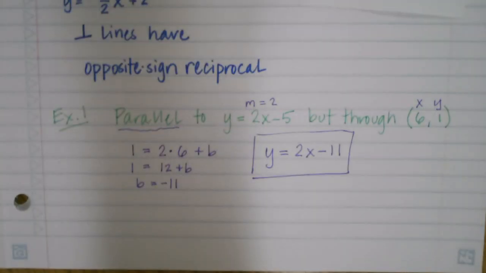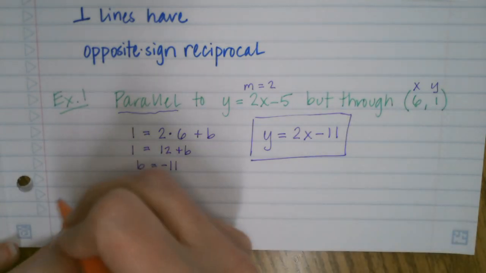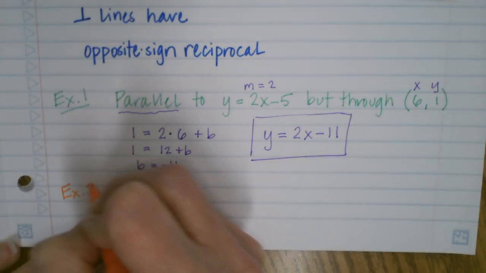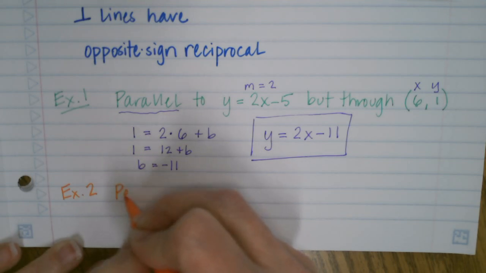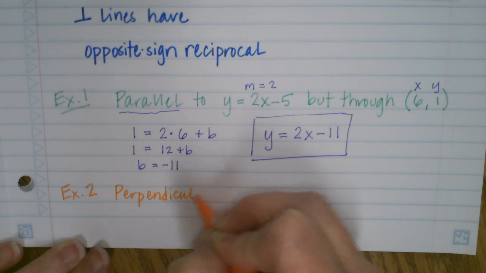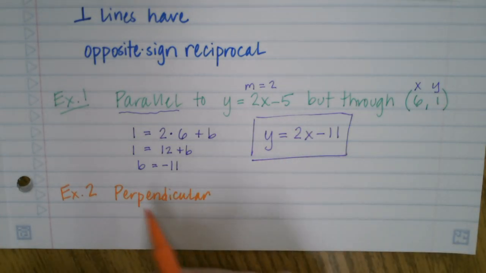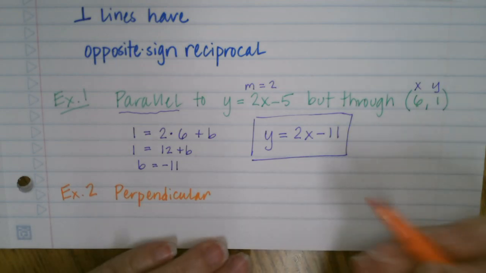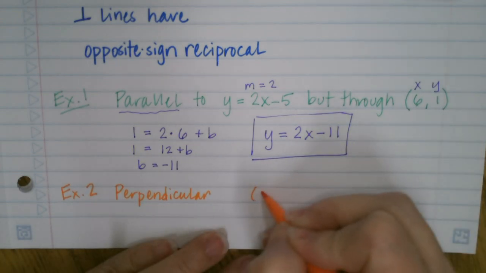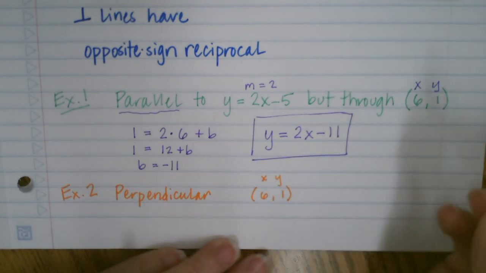Okay, let's just say using the same problem. All right, so for example 2, let's use the same equation and point, but let's do perpendicular. So I'm going to use, again, the same line and the same point. If the line is perpendicular, I'm still going to use the point (6, 1) for the x and the y.